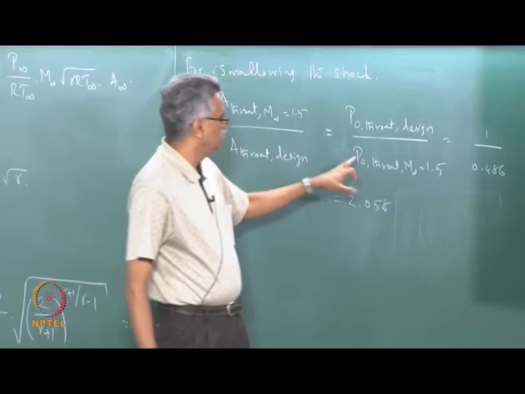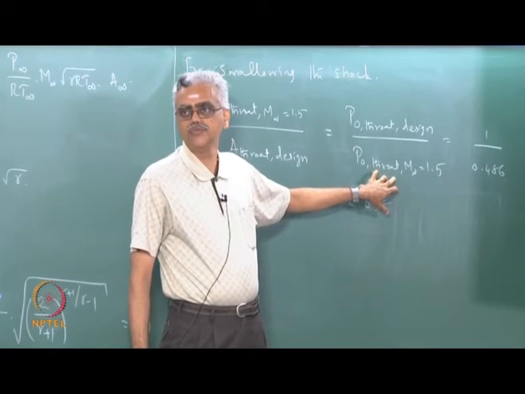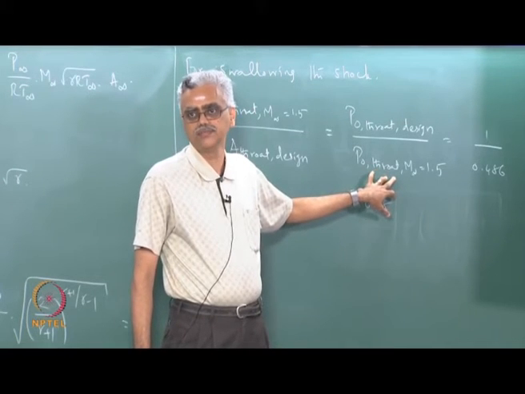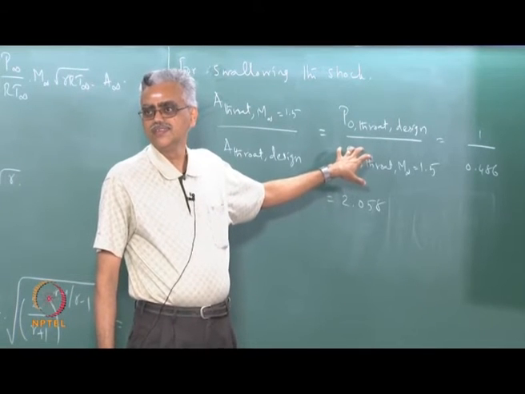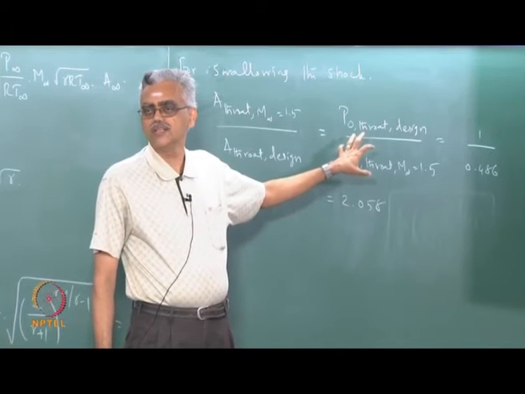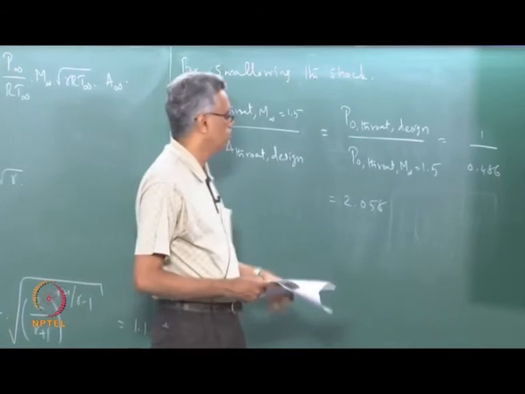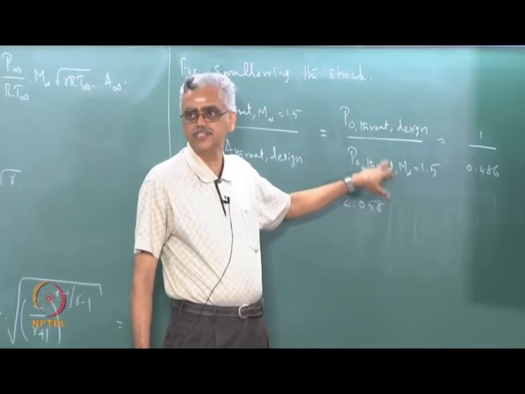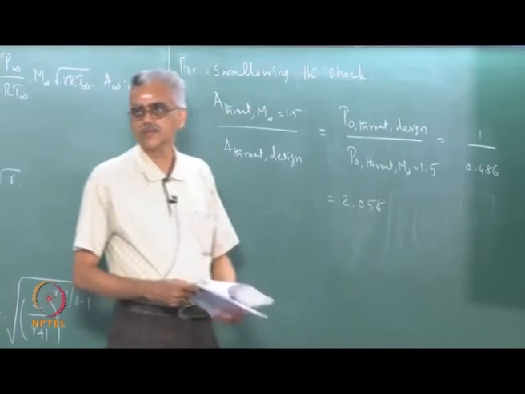In other words, P0 infinity for the design case is not the same as P0 infinity for the off design case, correct, because the speed is different. Otherwise this would simply be the ratio of stagnation pressures across the shock wave, okay. So in this case, because the static conditions remain the same and stagnation conditions change, you need to make sure that this is calculated properly, okay.